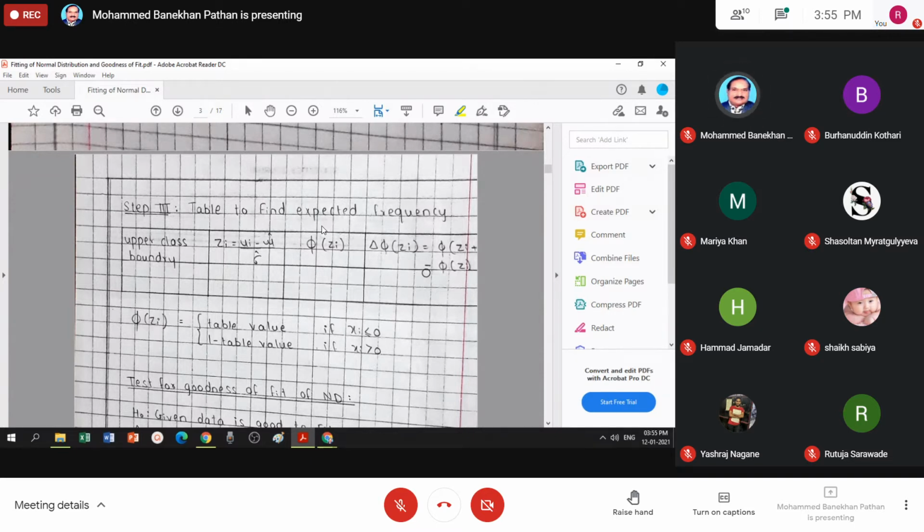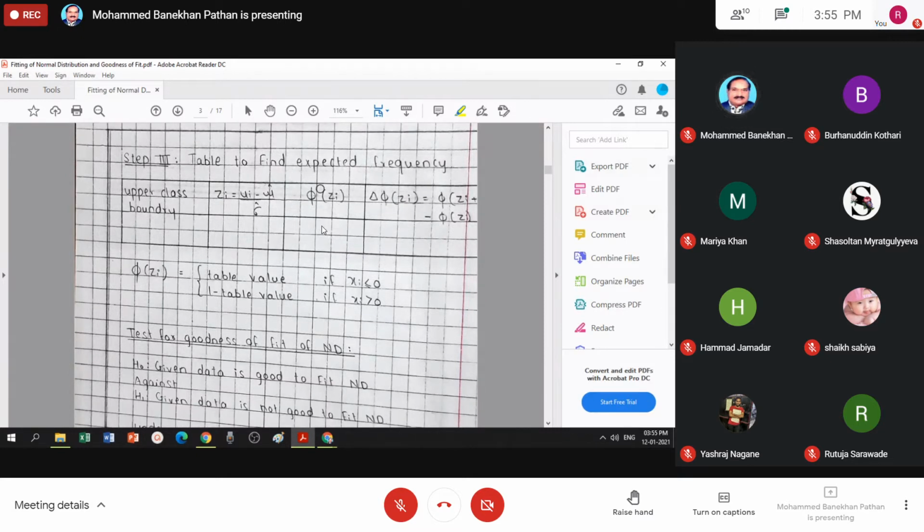After z_i, find phi z_i. Phi z_i is a table value obtained from the statistical table by locating the value of z_i. After this, you get a probability, delta phi z_i, where delta means difference, phi z_(i+1) minus phi z_i. That means if you want to find delta for this location, this minus this is to be written here.